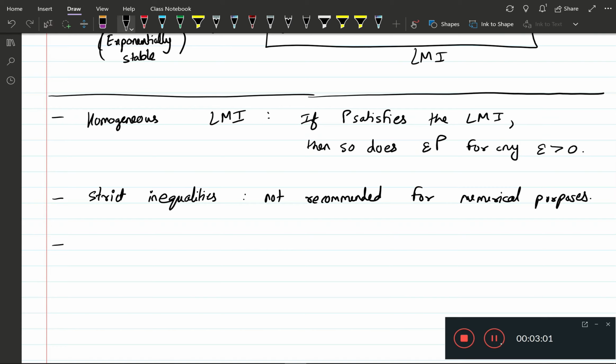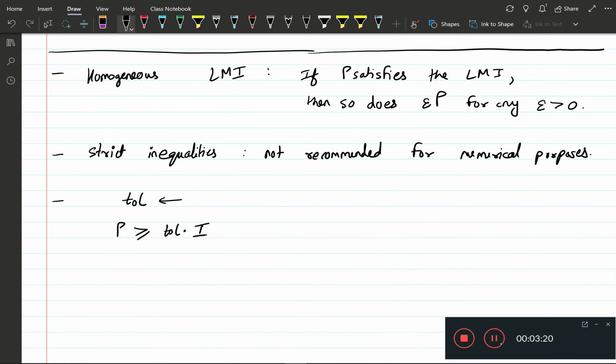The standard procedure could be to define some tolerance, and then instead of posing P positive definite, we say that P is greater than or equal to tolerance times identity, such that A transpose P plus PA is less than or equal to minus tolerance times identity.